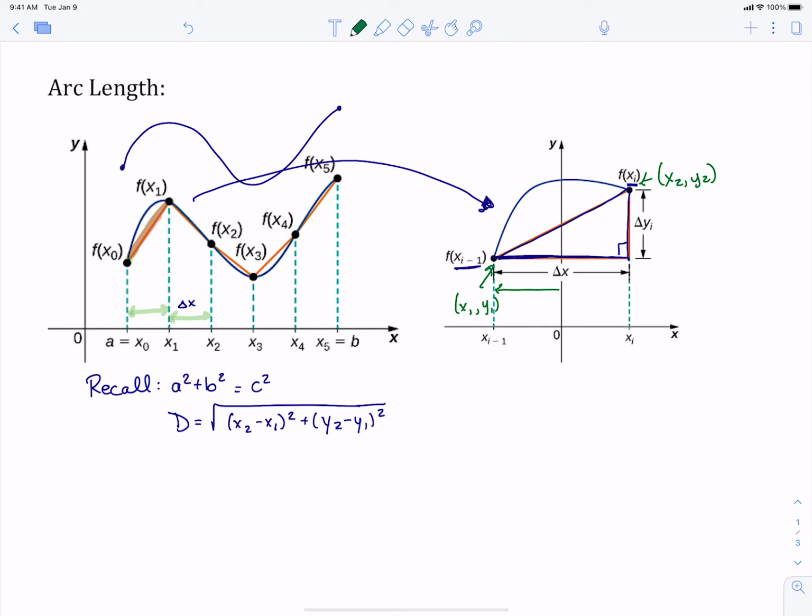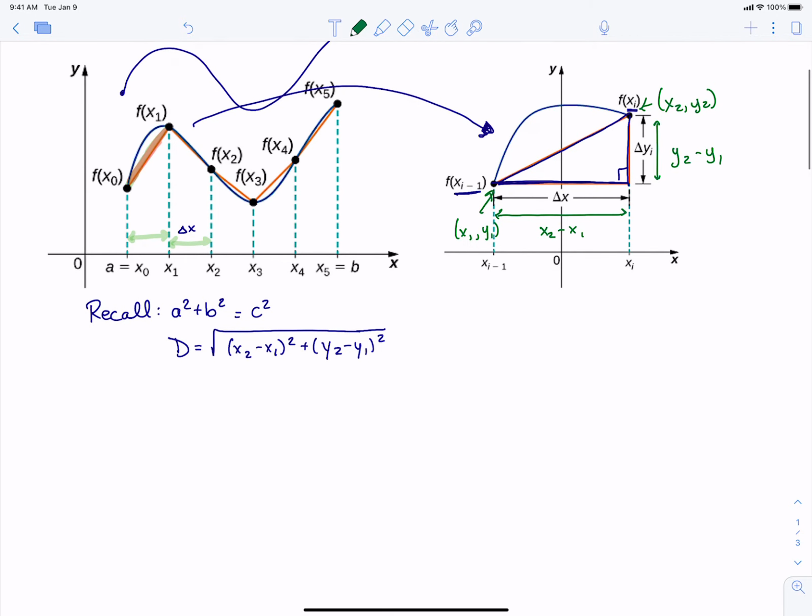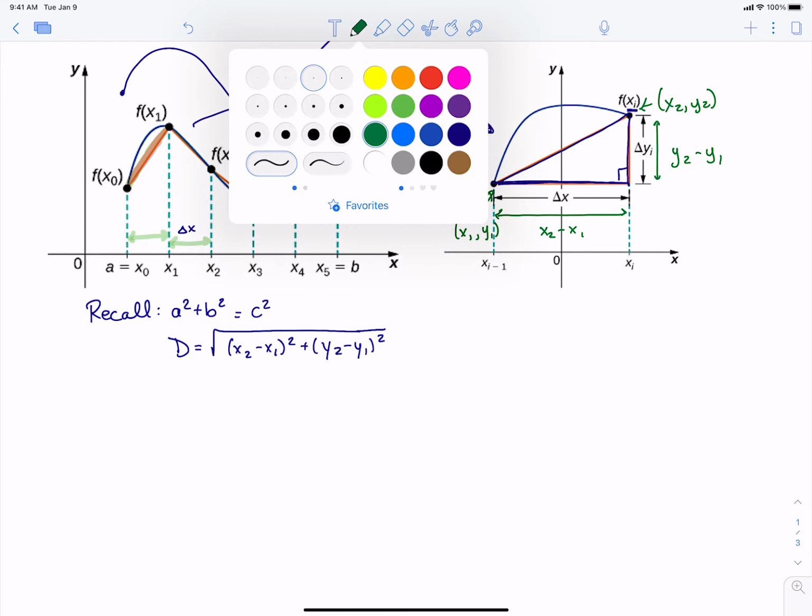So this amount, our delta x, is the same as x2 minus x1, and this amount, our change in y, is y2 minus y1. We're just going to relabel these in the distance formula to get that length.